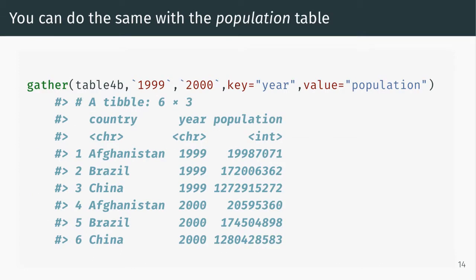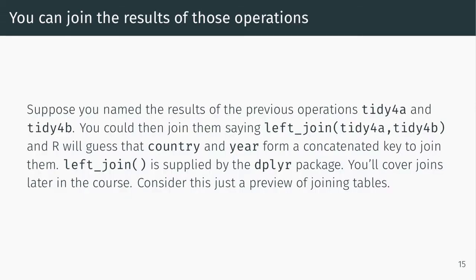We can do the same thing with the population table. That is table 4b. We gather the years and interpret the year as the key, and interpret the value of the year as population. Now suppose that you name the results of the previous operations tidy 4a and tidy 4b.